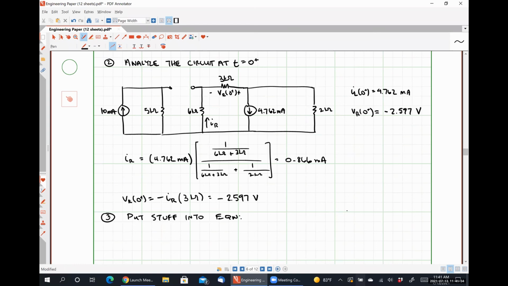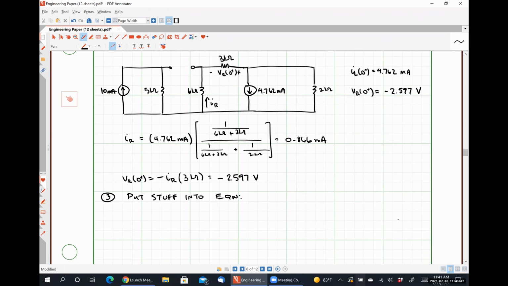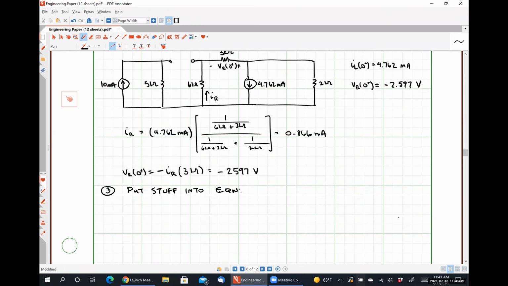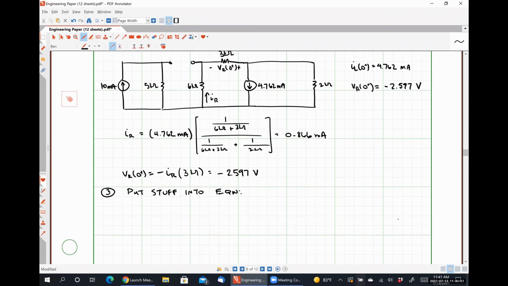So before we do that, though, we're going to need to figure out what resistor value R we need to put into our generic equation. So we're going to approach this in the exact same way that I explained it for the last example problem. We are going to look at the dead network and we are going to take the inductor out, right?